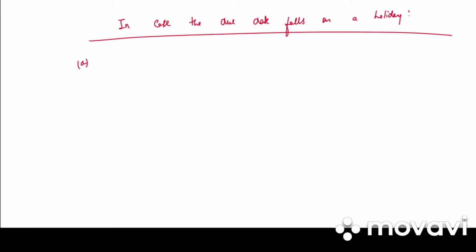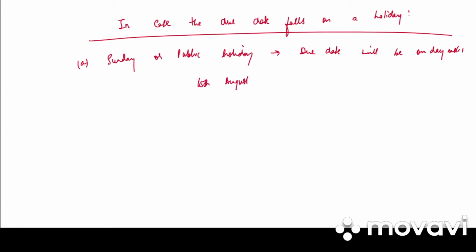That is, if the due date falls on a Sunday or a public holiday, the due date will be one day early. Say for example, if your due date is on 15th August, but 15th August is Independence Day. So it will be assumed that it is 14th August.